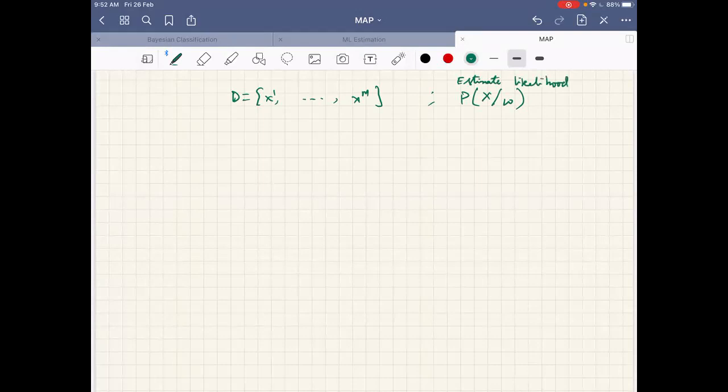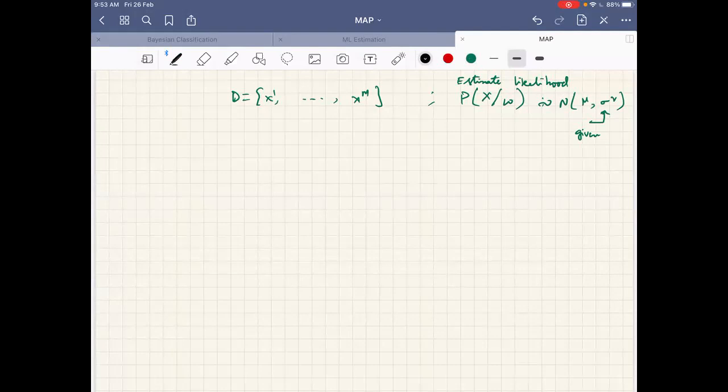To simplify this, we assume a mathematical form for this likelihood. We are considering a special case of Gaussian, where sigma square is given, and mu is to be estimated either by ML, or you find out P of X given omega directly by Bayesian estimation. That is the question.